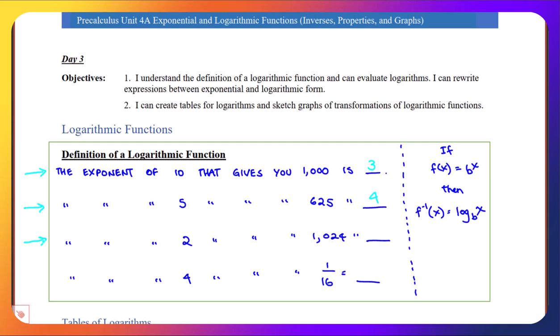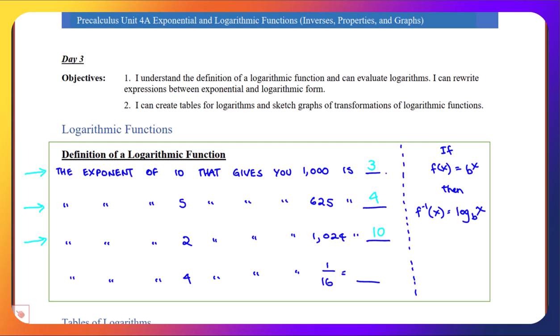And for all of you computer science folks out there, the exponent of 2 that gives you 1,024 is 10. That's what's called 1K. Now, K usually is 1,000.